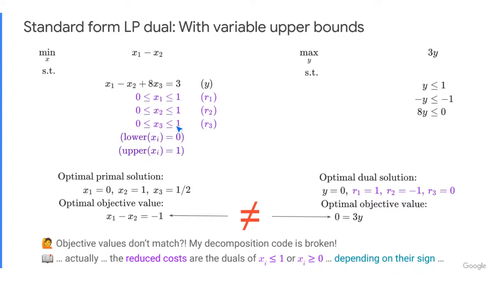And if you dig a little deeper, you realize that the right interpretation of the reduced cost is that they are the dual multipliers for either the upper bound or the lower bound of the variable, but it's tricky because they depend on their signs. So I need to do all this logic, and I basically need to understand what a dual multiplier is. If I do that, then everything's okay. But if I don't understand what a dual multiplier is, this is a very complicated bug to understand. So the question is, how can we resolve this?